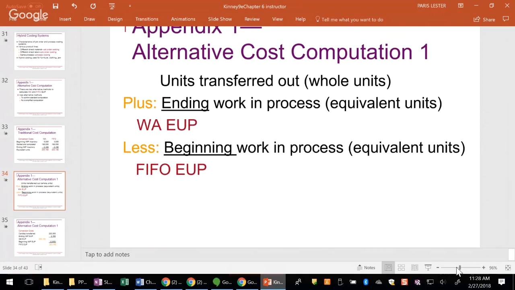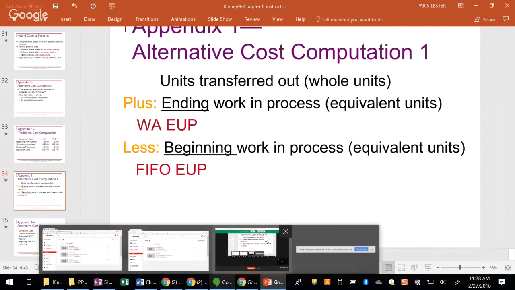I don't care what method you use, the total number to be accounted for is the same. So all you have to do is add a couple of numbers together. And what would be your answer there, Robert? How many units are we accounting for in number 15? You can look at it and just add in your head. Meanwhile, I'll try to see if I've got solutions on here somewhere.